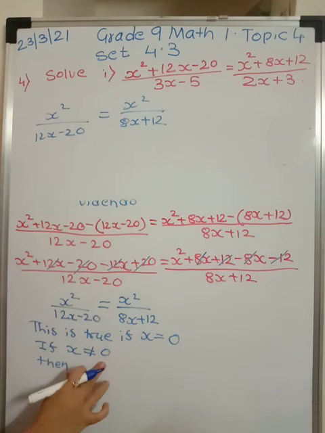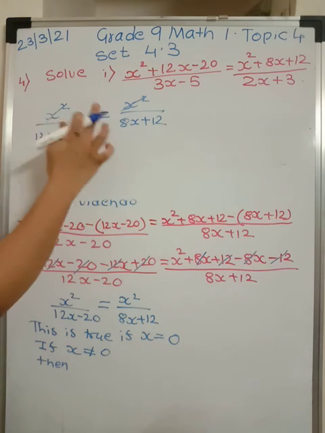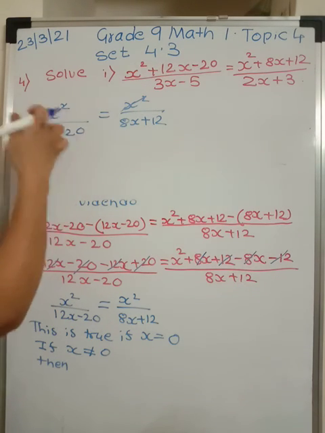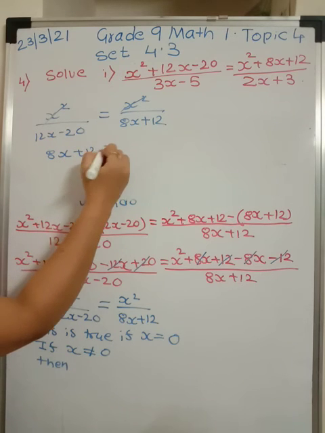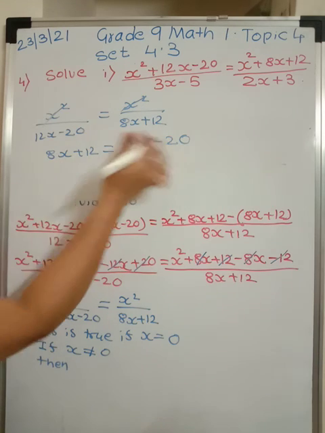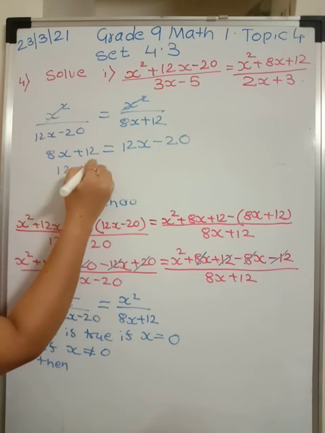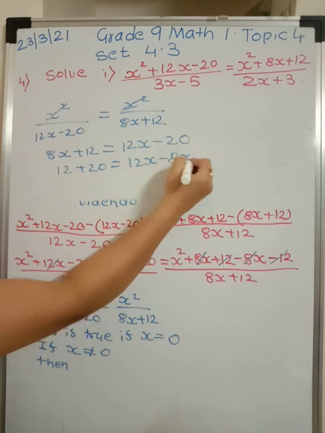If x is not equal to 0, then it is some value. Both sides it is there, so it will get cancelled. And if we cross multiply, then we get 8x + 12 equal to 12x - 20. I am shifting this over here and this over here. I have 12 + 20 equal to 12x - 8x.